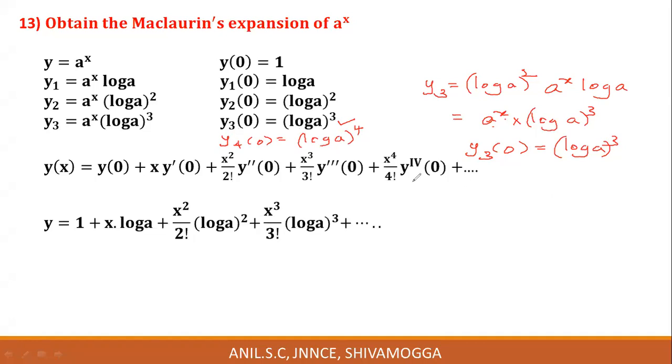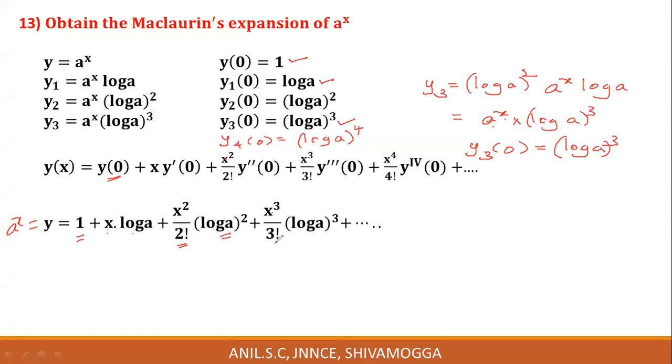Now write the Maclaurin series. Y means a power x. A power x is equal to y naught. Y naught, or y of 0, is 1, plus x into y dash, and y dash is log A. Therefore, x into log A. Next term is x square divided by 2 factorial into y double dash. Y double dash is log A whole square.